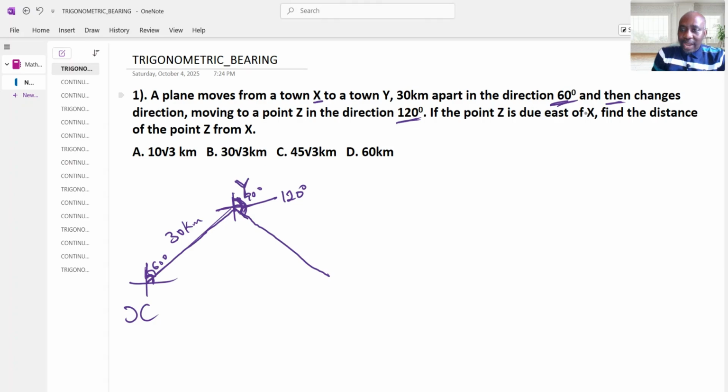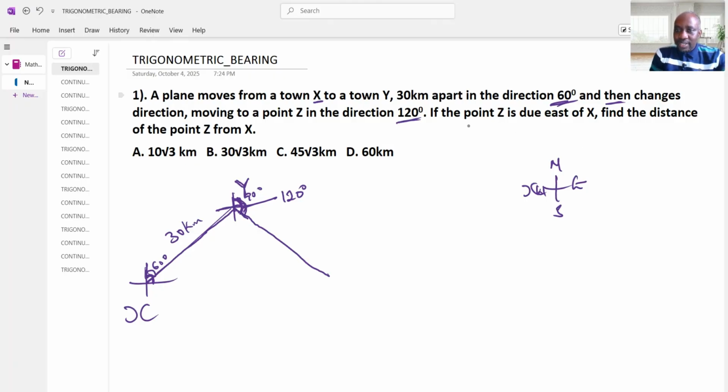If you look at the end of the question, it says that if the point Z is due east of X. For example, let's say this is X and this is north, this is east, this is south, and this is west, isn't it?